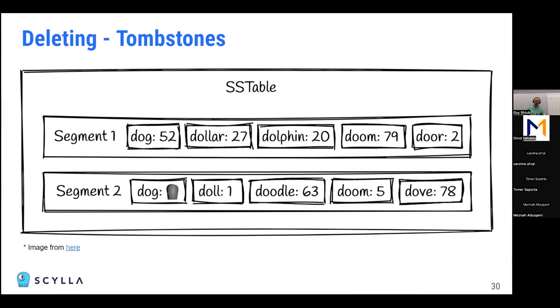So when we do the compaction, we write a new SS table, and we can omit values that are no longer relevant, that were deleted, and that can save us both space on disk and also performance, because we can let go of those old values that are not relevant anymore.